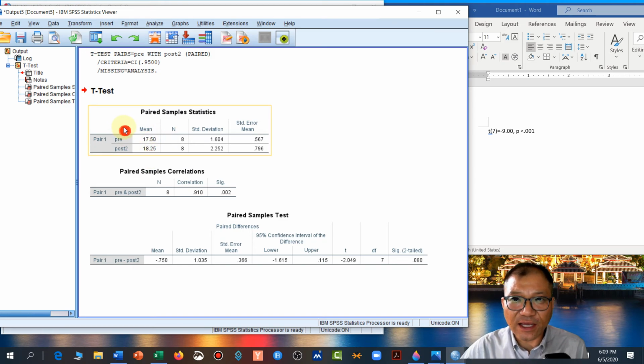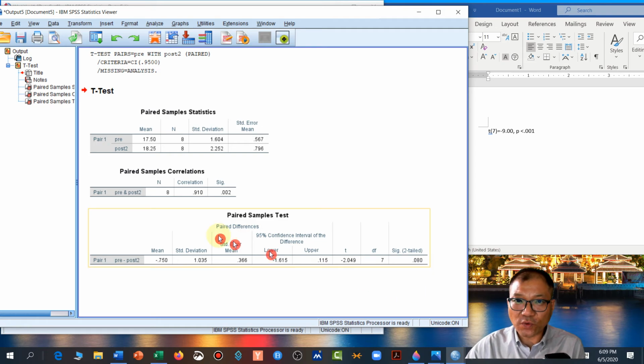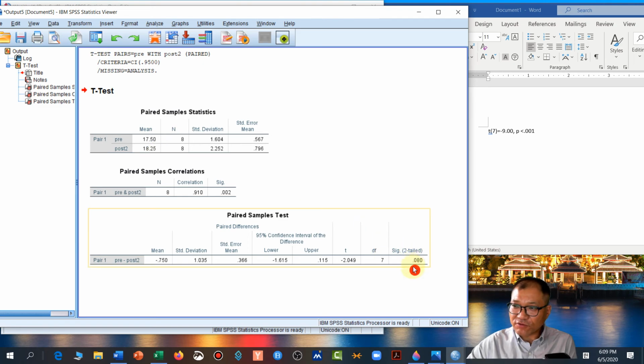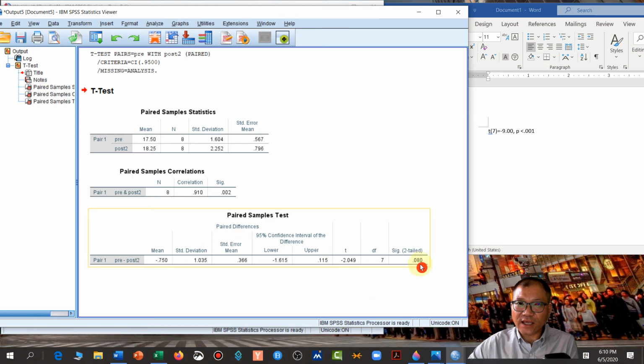If you don't look at this one, you can really say, well, in terms of mean, post 2 is way better. So I'm going to conclude that there is a mean difference between pre and post number 2. However, are they really different in terms of group mean difference? Their difference is only negative 0.750. Very minimal difference, right? So you can conventionally say, well, they don't look really different.